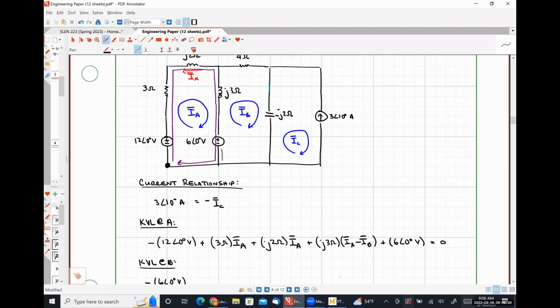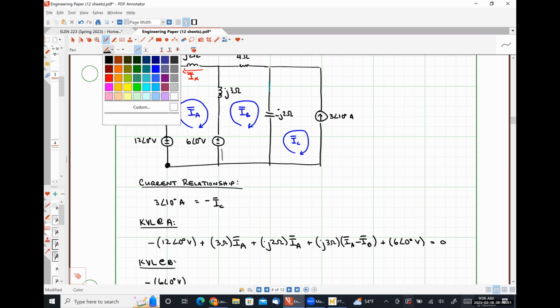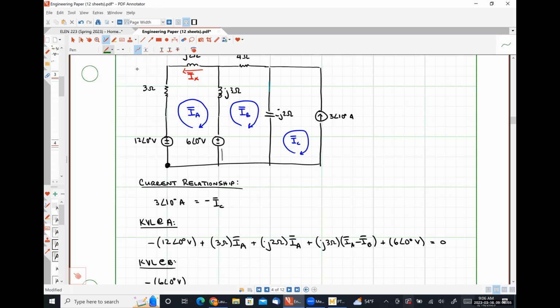Okay, so let me explain what I mean by that when we're looking at these things. What we've actually done with all of these impedances is we've assumed a polarity.